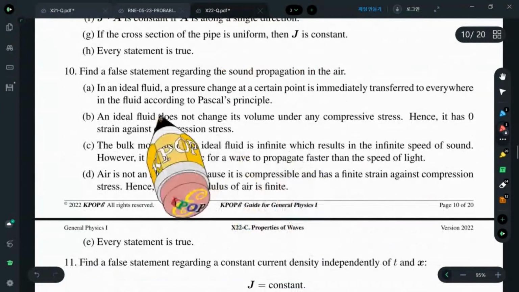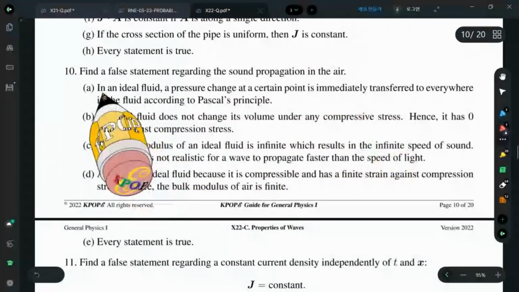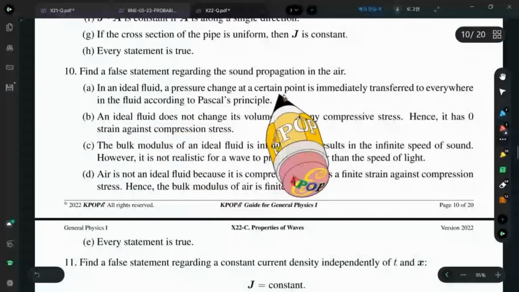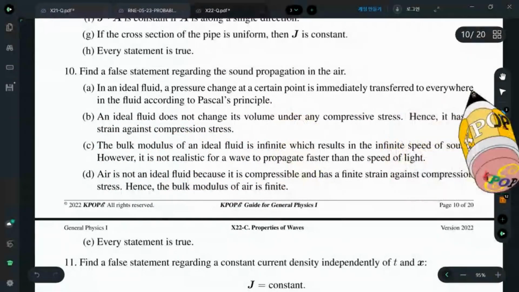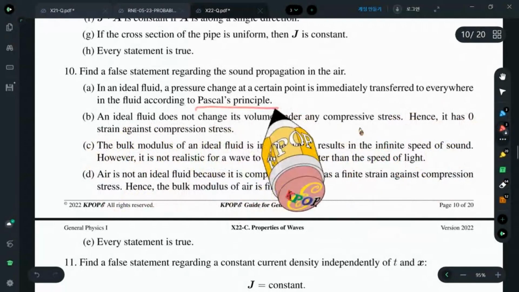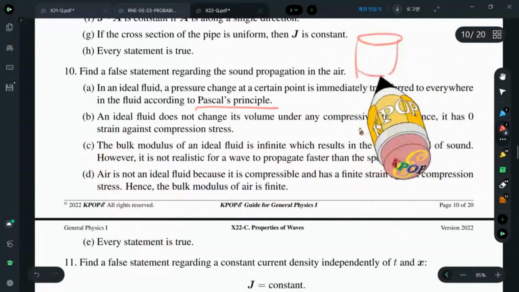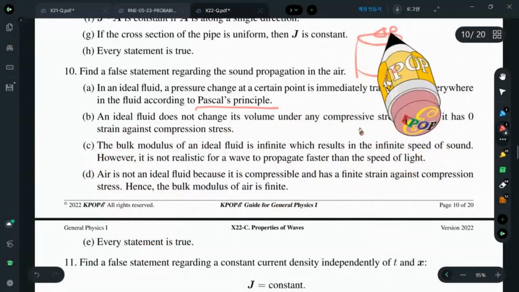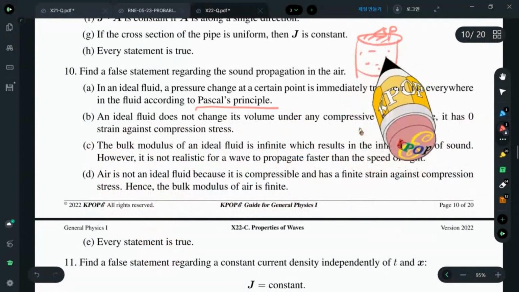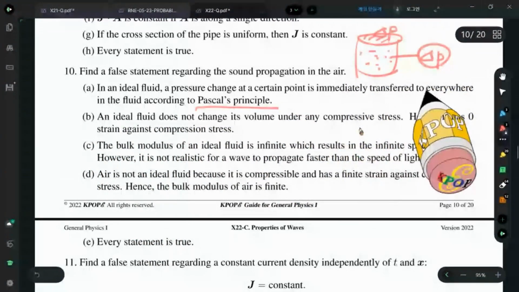10. Find a false statement regarding the sound propagation in the air. In an ideal fluid, the pressure change at a certain point is immediately transferred to everywhere in the fluid, according to Pascal's principle. That's correct. If you apply delta P at this point, delta P is transferred anywhere else immediately without delay.